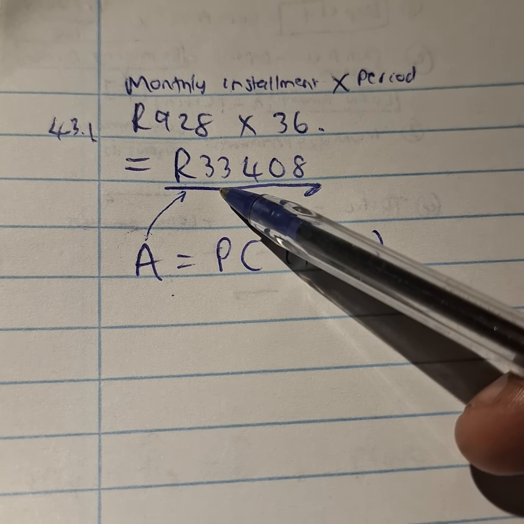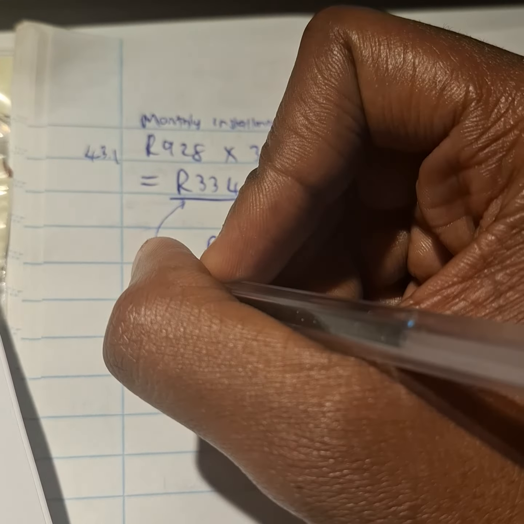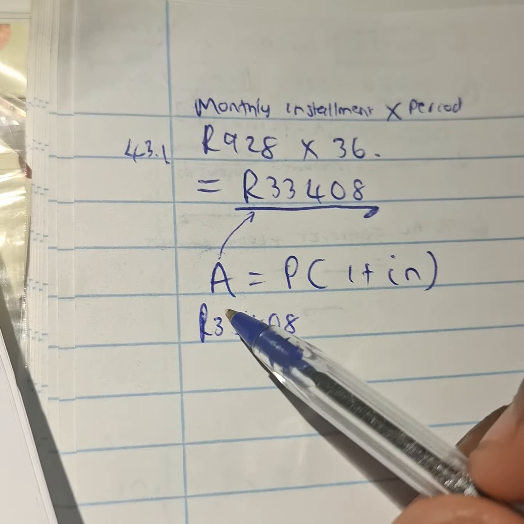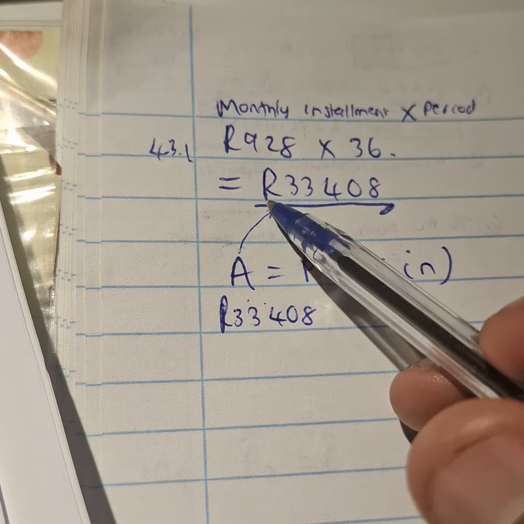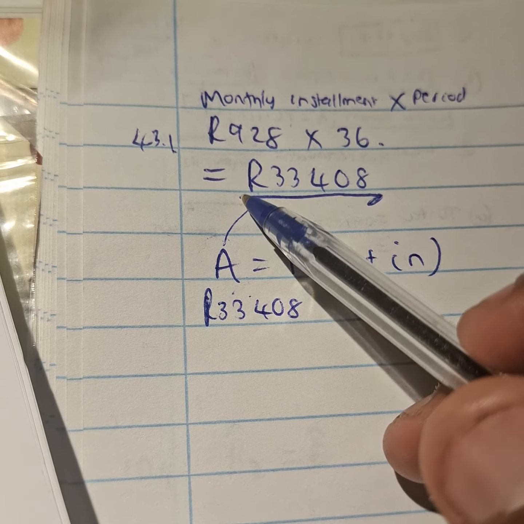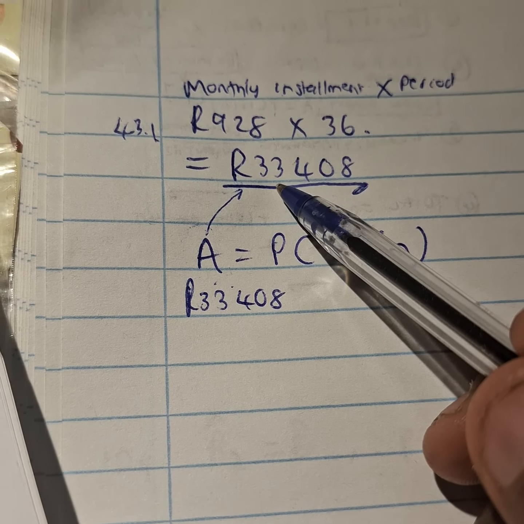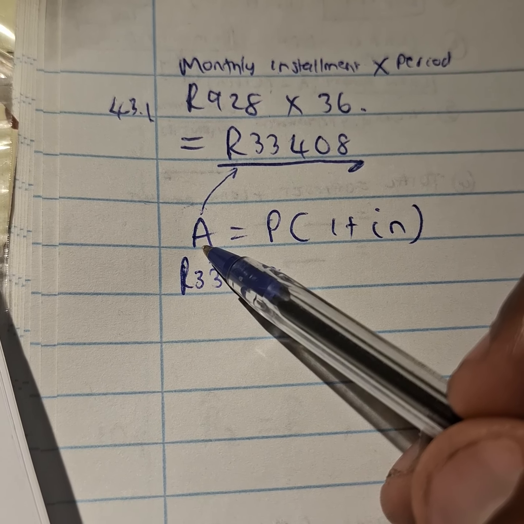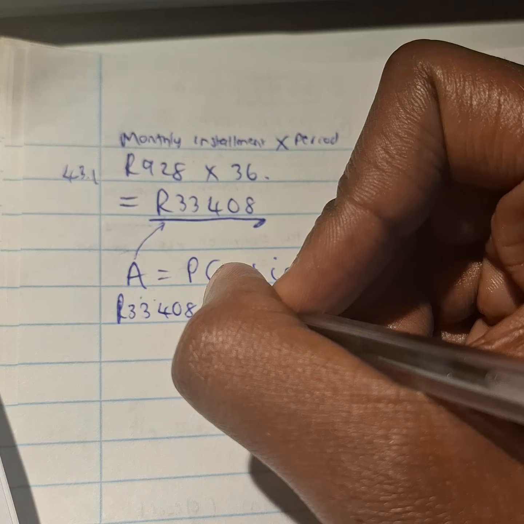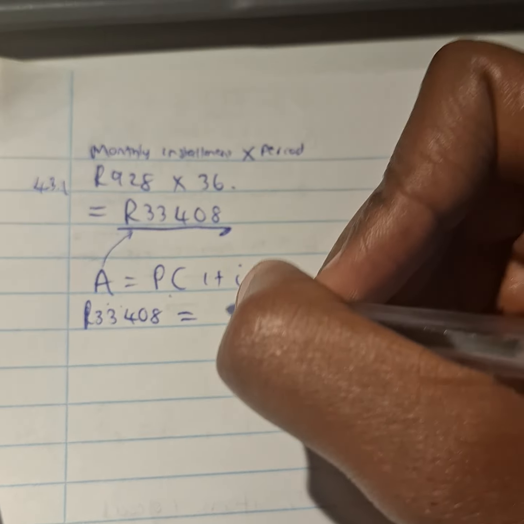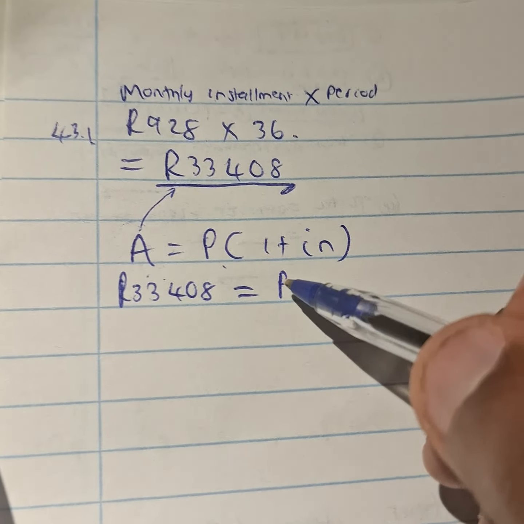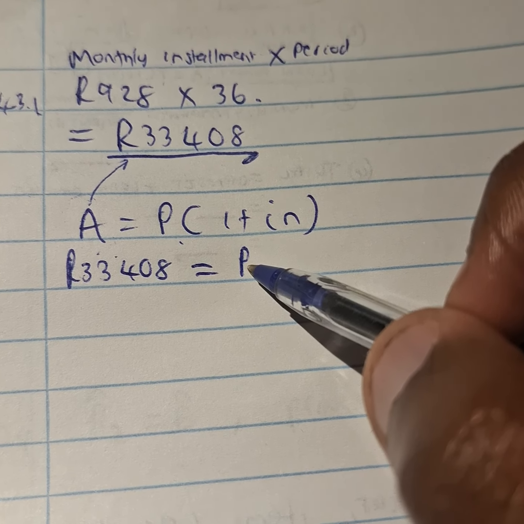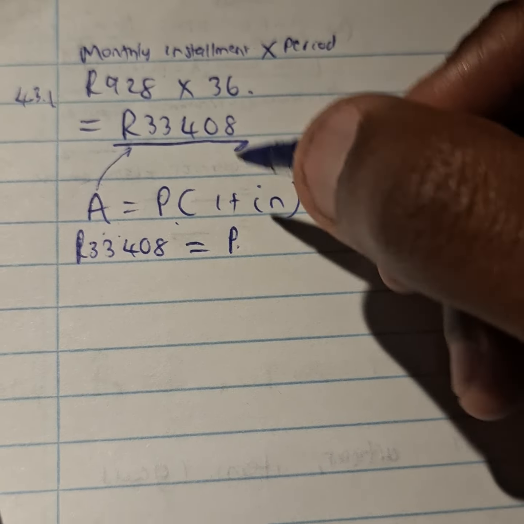We are going to write 33,408 in the place of A, because this represents the total loan amount to be paid over the 36 months. Now the P value would be the remaining balance, but since we do not have a deposit, the remaining balance would be the purchase price or the cash price.